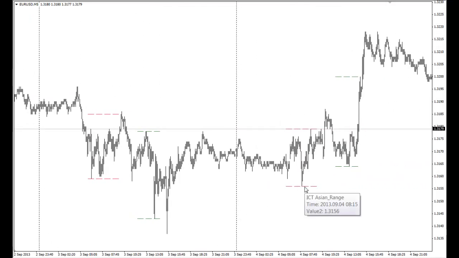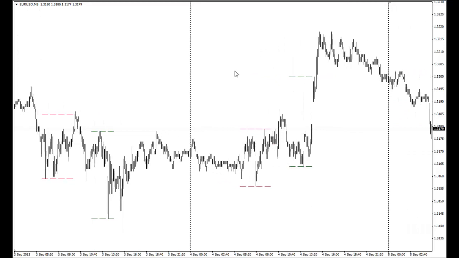We have the low forming in London, and then another tradable low off of the direction formed from the London Open.